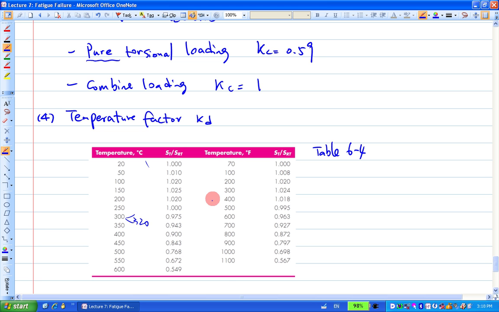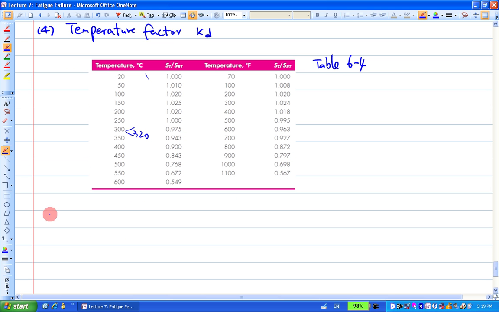If the question is in Fahrenheit, we do have a formula. I'll give you the formula and maybe I'll just write it down. It's kind of a long formula, but you don't have to memorize it. Just remember there is a formula. TF is the actual temperature in Fahrenheit.